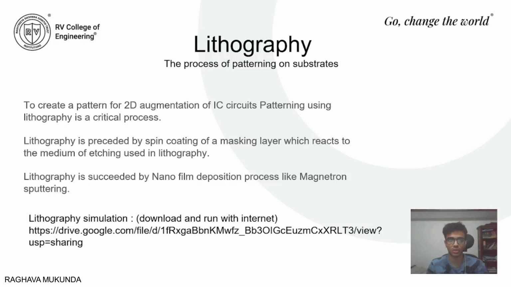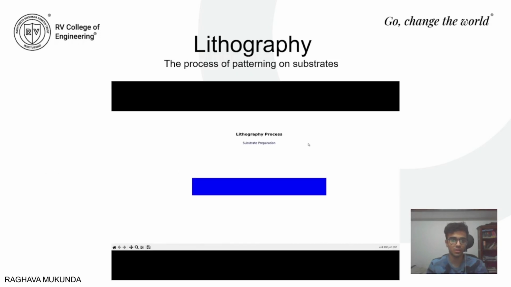Lithography is preceded by spin coating of a masking layer which reacts to the medium of etching used in lithography, usually a photon beam or an electron beam. Lithography is then succeeded by a nanofilm deposition process like magnetron sputtering, which sputters or deposits the metal onto the etched parts from the lithography.